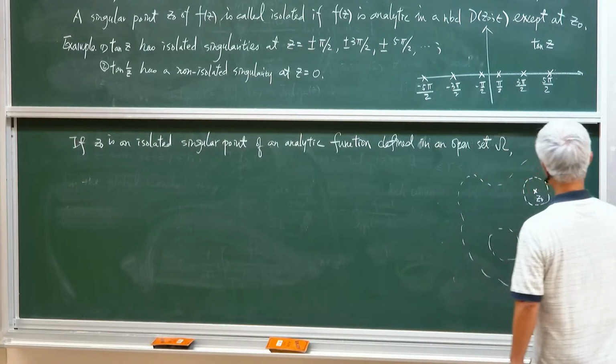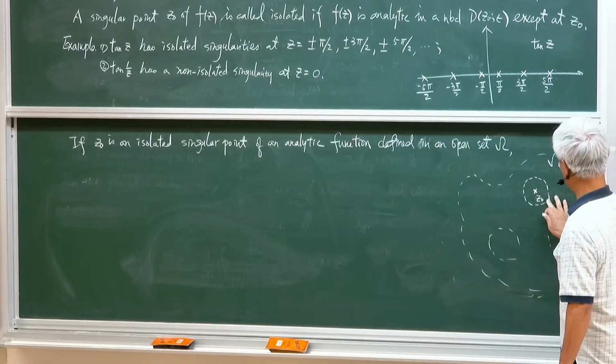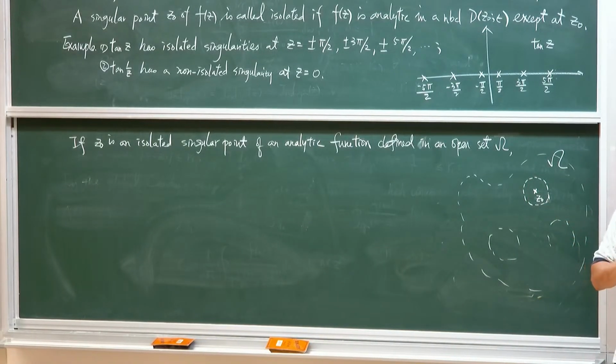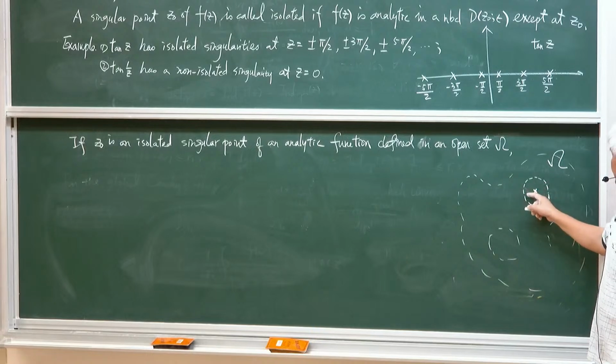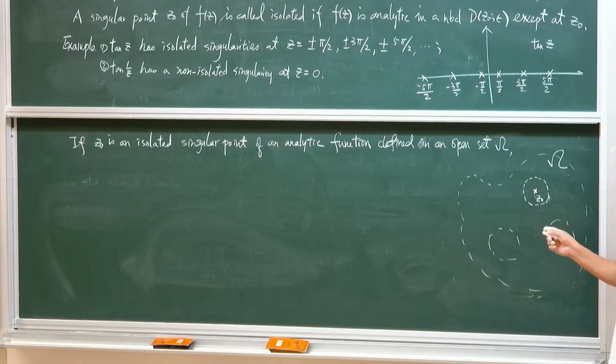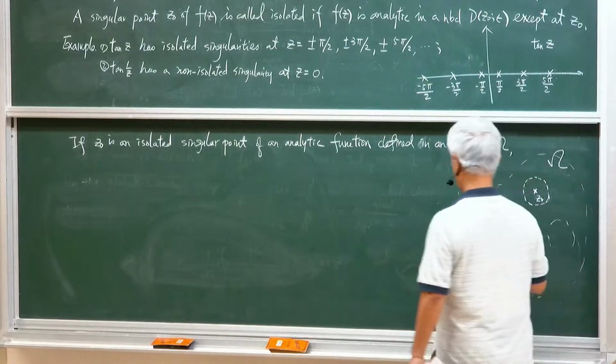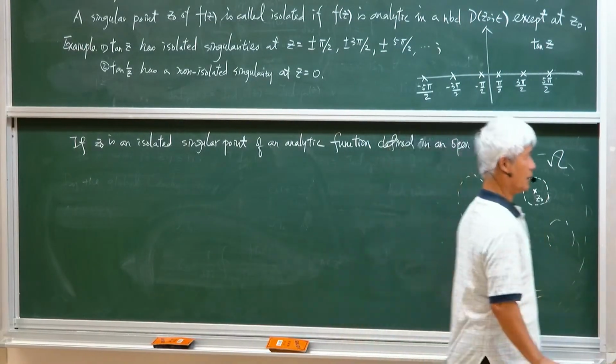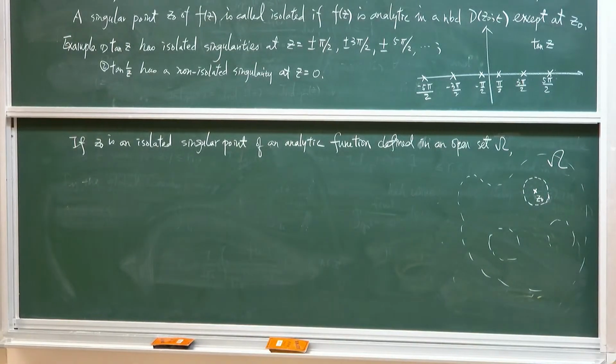And in this neighborhood, all the points are analytic, except the center z0. All right, and so here we have an open annulus.